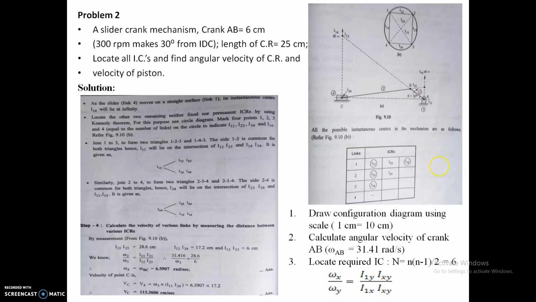So velocity of C, that is velocity of 4, is equal to omega y, where y is the connecting rod, link number 3. So Vc or V4 is equal to omega 3 times I13 I34. Accordingly, you measure the distance between I13 and I34, multiply by scale, and omega 3 is already known. By keeping all those values, you will get the velocity of the slider, which is 113 centimeter per second.